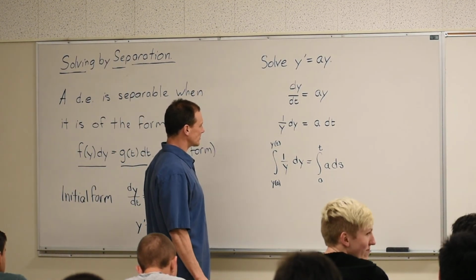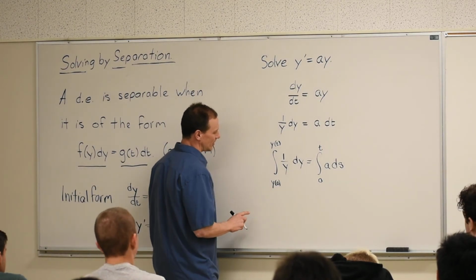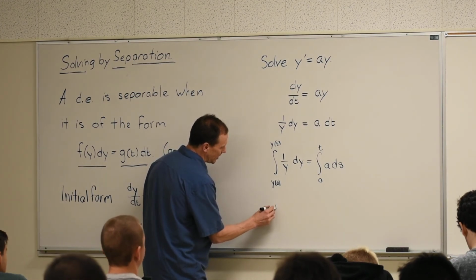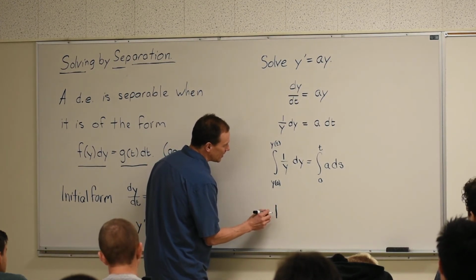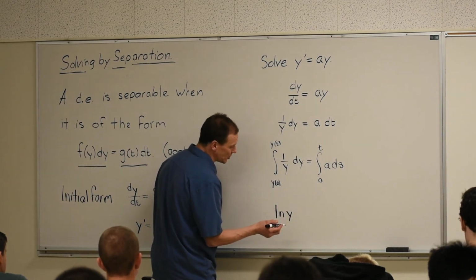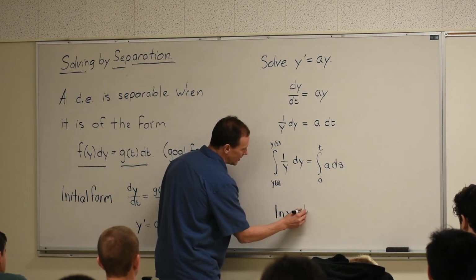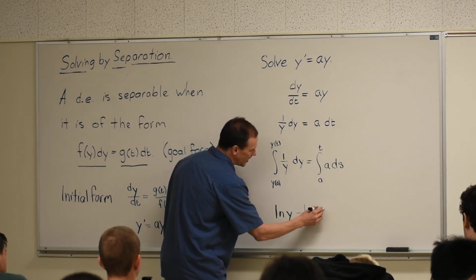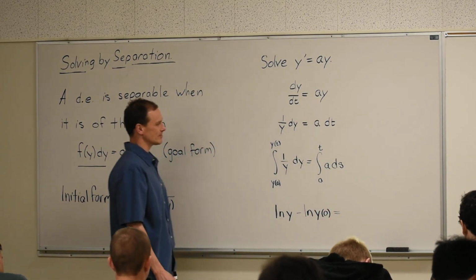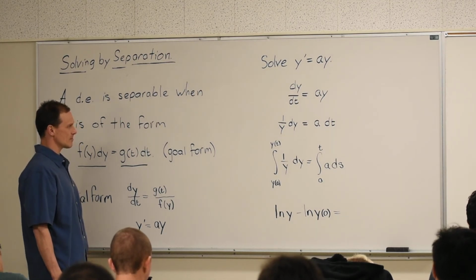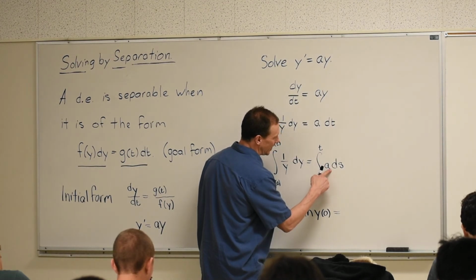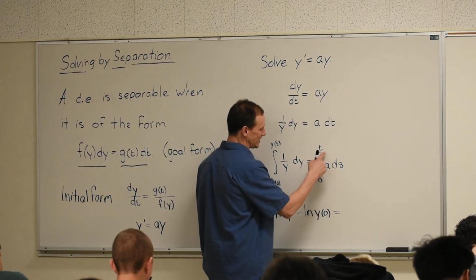Let's see. Oh, so if I integrate this one gets kind of interesting. Notice that we'll write our steps. On the left-hand side, we have the natural log of y, or the function of y, minus the natural log of y of 0 equals, and then this becomes a times s evaluated from 0 to t, is that right?